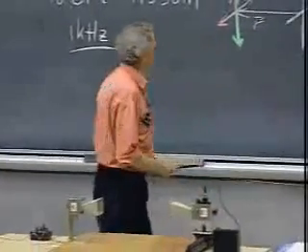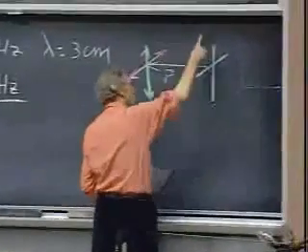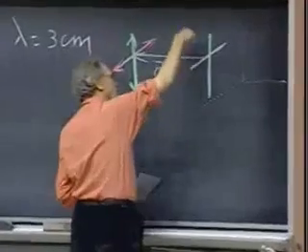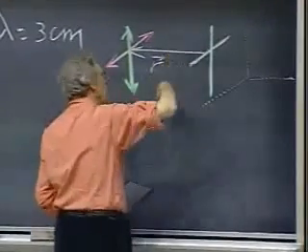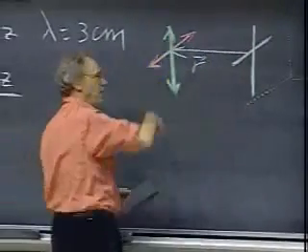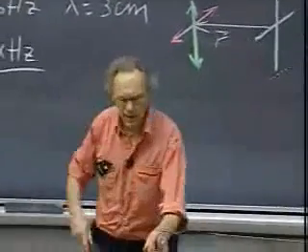So we have the situation that we are transmitting electromagnetic waves with the E field going like this, and the receiver is perfectly happy. The receiver is also aligned like this.